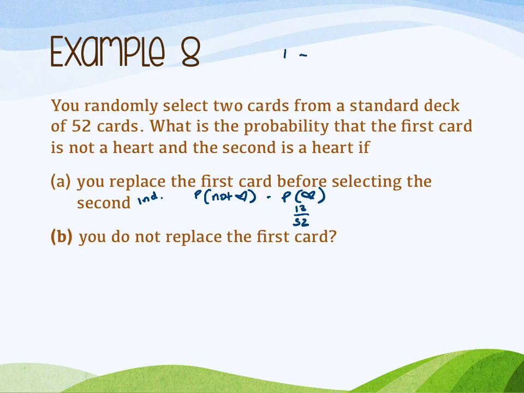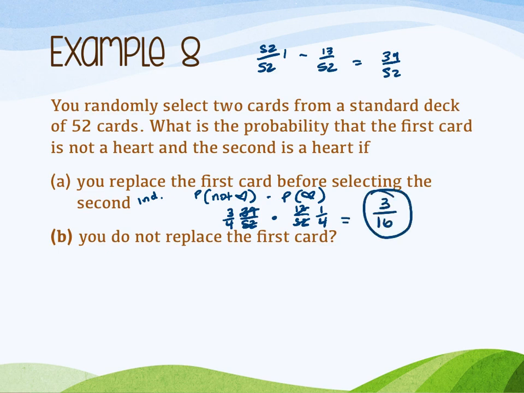So if I did 1 minus 13 out of 52, or 52 over 52 minus 13 over 52, are you with me? Yeah, 39 out of 52. That's how many are not hearts. 39 over 52. And then I would multiply. So this is 1/4, and this is 3/4, and I'd get 3/16.